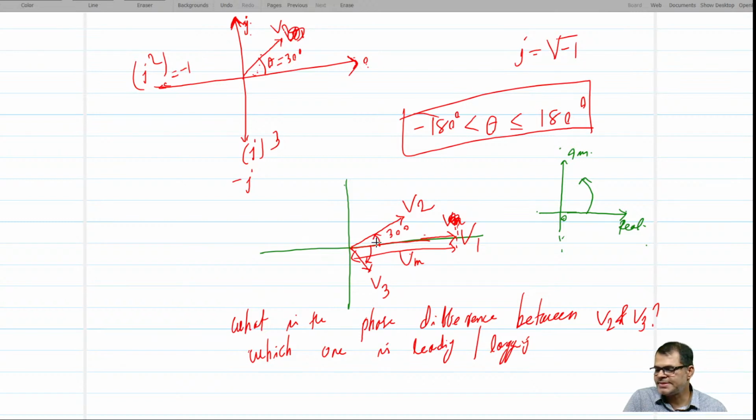Simply, phase difference is the measure of the angle between the two vectors or two phasors.